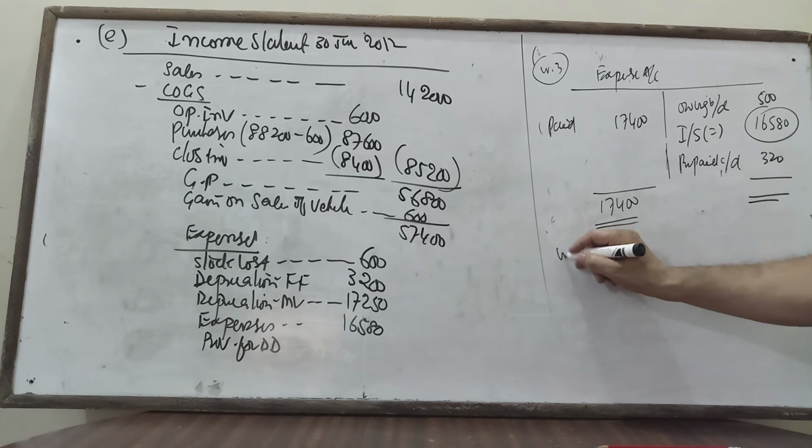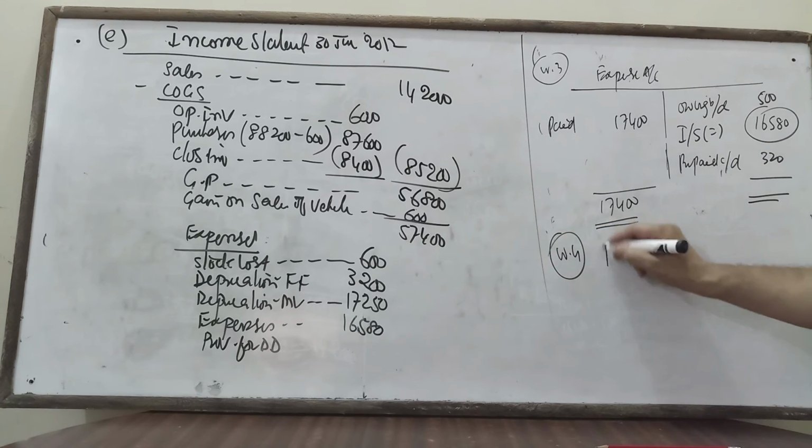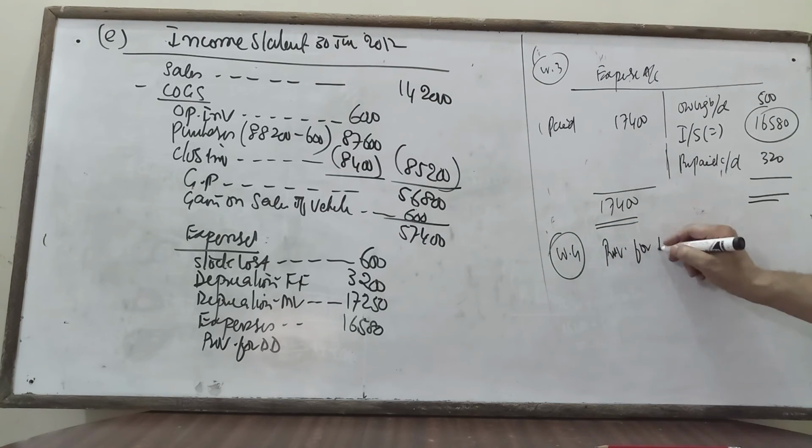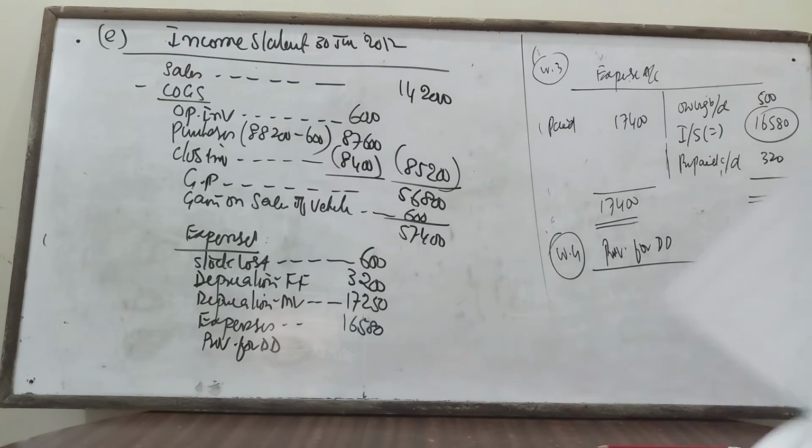Working number 4, provision for doubtful debts. It is the policy of the business that the provision for doubtful debts be created, as on the back side of the question paper, at 3% of trade receivables. And the trade receivable closing balance is given already in the question paper, which we have already recorded in the SLCA.